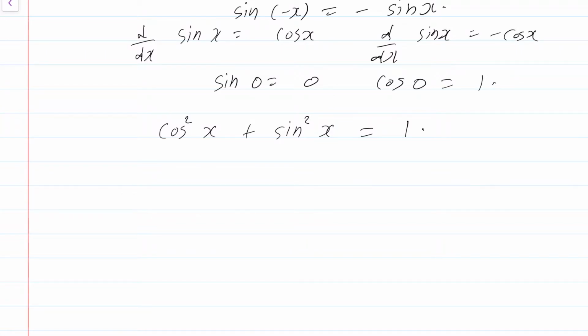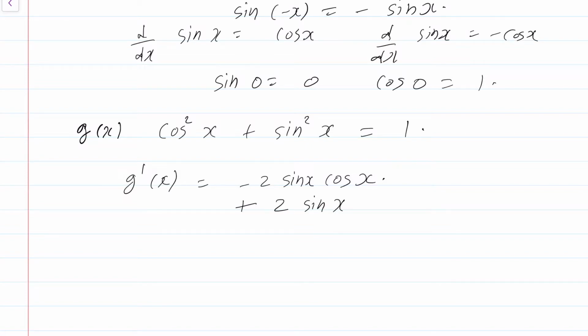So differentiating this expression cos squared x plus sine squared x, which we call a function g of x, we get that g prime of x is, derivative of cos x is minus sine x, so we get minus 2 sine x cos x, plus derivative of sine is cosine, so you get plus 2 sine x cos x, which is 0.